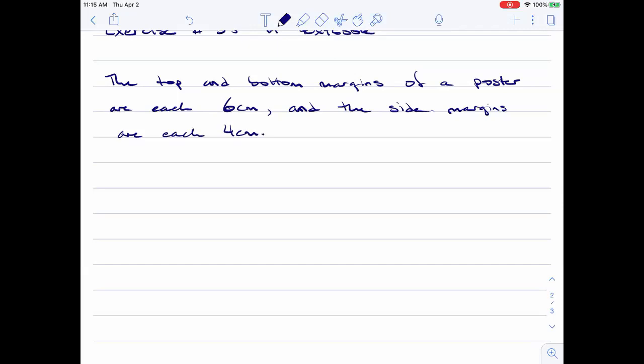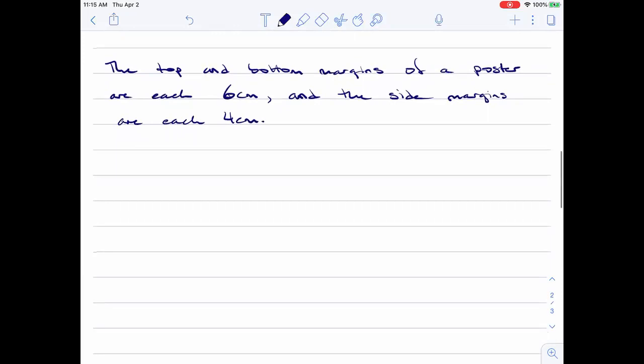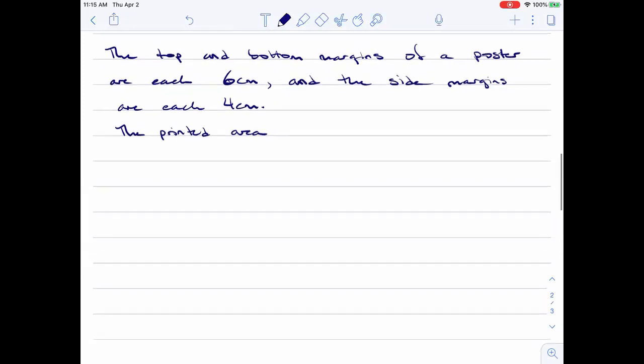So we've got this poster, and one of the constraints that we were talking about last day is that the printed area in the center must be 384 centimeters squared.